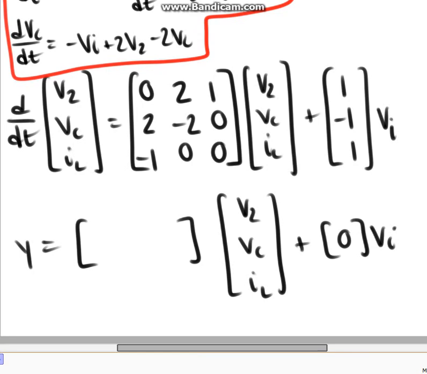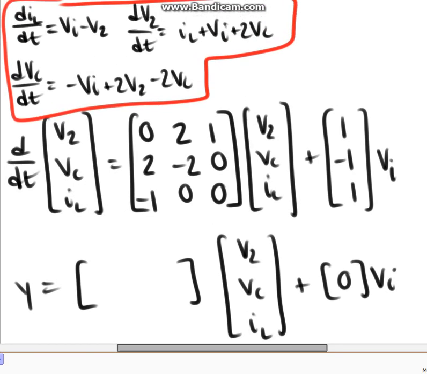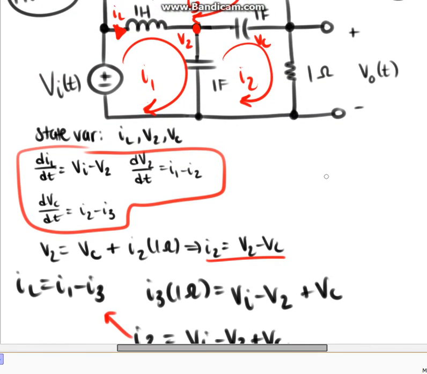We know that Vout consists of V2 minus VC.